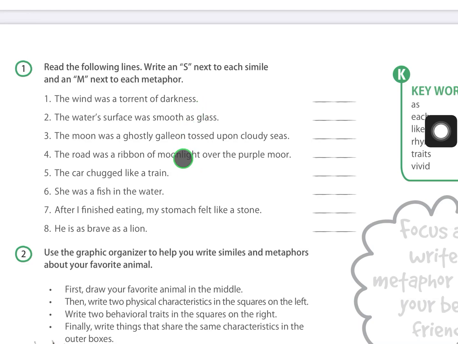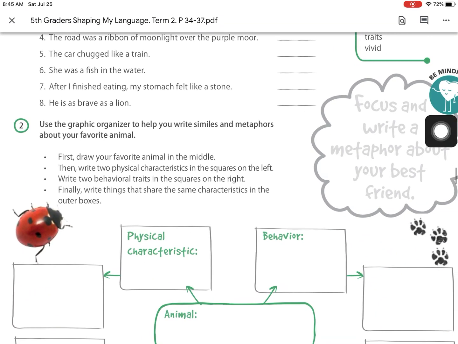Then I'm going to create a little video explaining again the differences between a simile and a metaphor. So if you consider that the wind was a torrent of darkness, it could be a simile, so write it here. If you consider that that sentence is a metaphor, it's going to be a metaphor, no more.